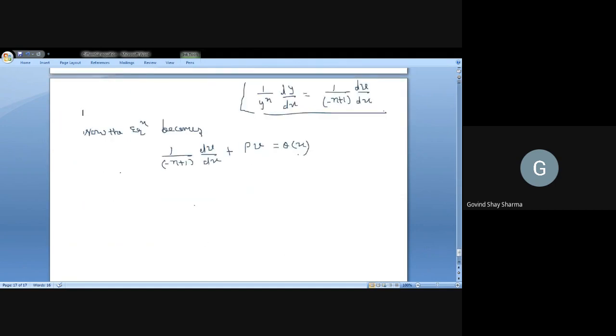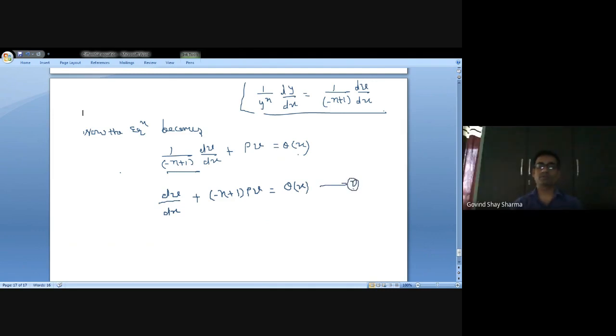We can write dv/dx + (1 − n)Pv = (1 − n)Q. The equation is now converted into the linear form of differential equation.